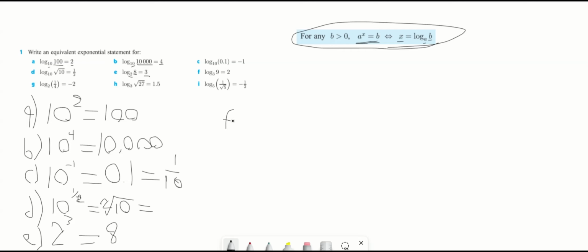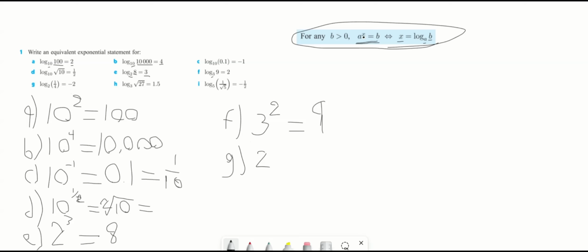We can rapid fire for the rest of these. So for f, a is 3, x is 2, so the power of 2, b is 9, so it equals 9. It lines up pretty easily. G, log base 2, 1 over 4 equals negative 2, so a again is 2, b is 1 over 4, and we have x as negative 2.